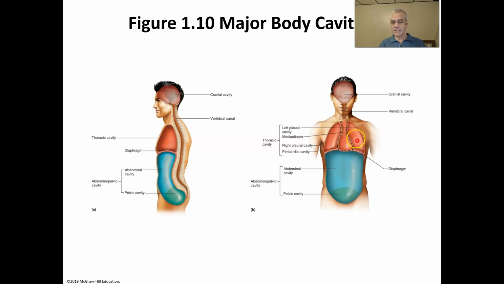And as I said, we can split up the thoracic cavity into these two big spaces. The space where the lungs are, that's in the thoracic cavity. And then the space in between the lungs, which is in here, that's called the mediastinum. Remember, the diaphragm divides the thoracic cavity from the abdominopelvic cavity.